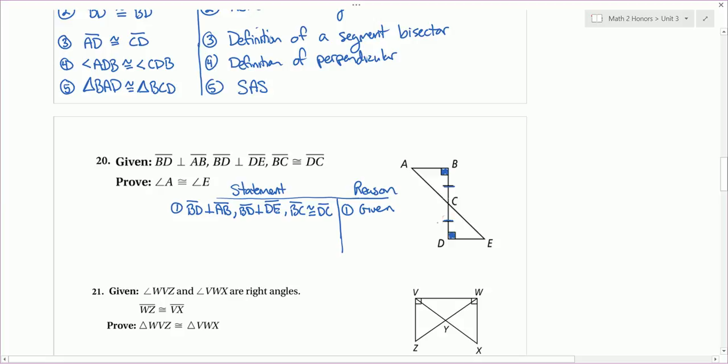Also looking at the picture, we have vertical angles, and so for our second statement we can say that angle ACB is congruent to angle ECD, since vertical angles are congruent.